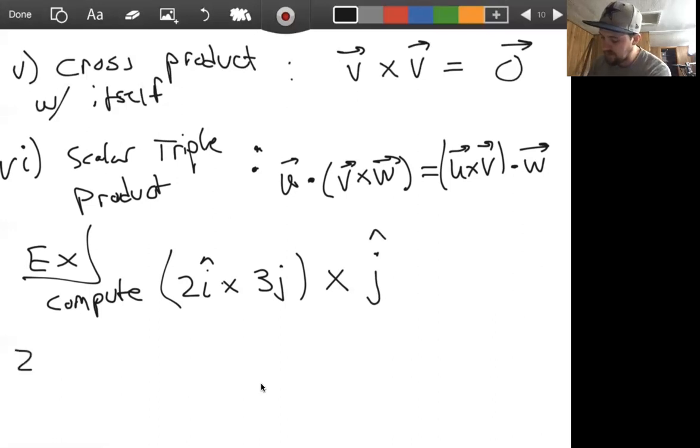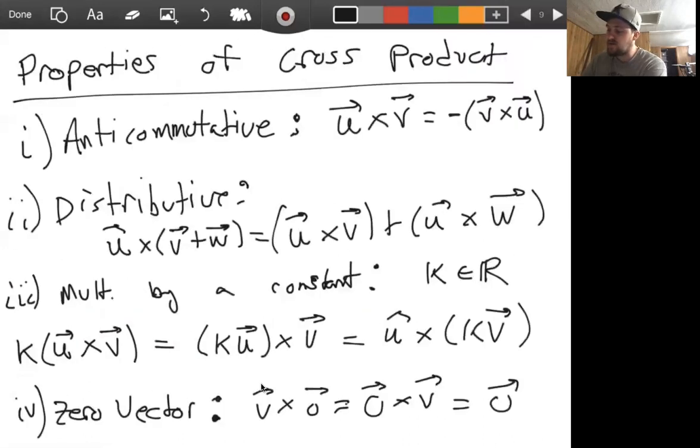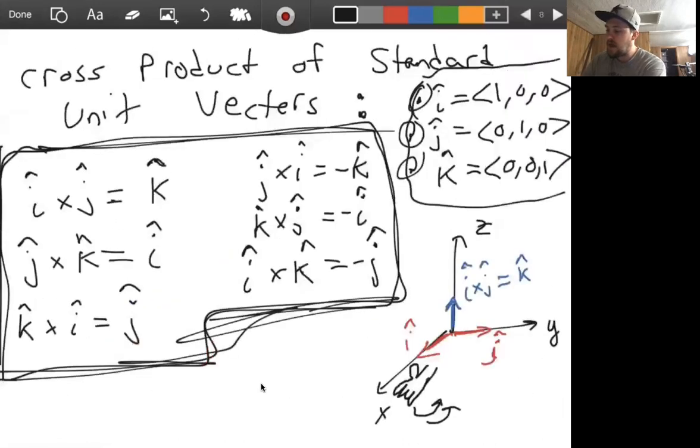Okay, and so we have 2i hat cross 3j hat cross j hat, and we want to see what this equals, right? And when you see some sort of expression like this, you don't want to just plug this in and grind your way through it. If you have to, you have to, but one way out of this is using these properties and remembering the cross product of standard unit vectors here.